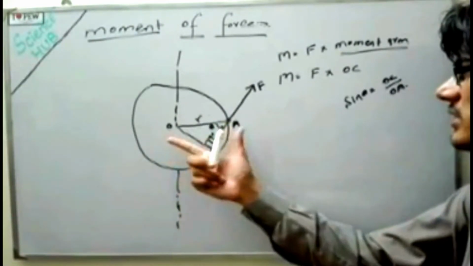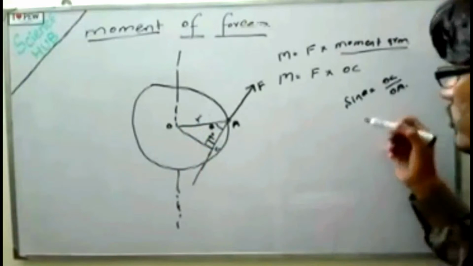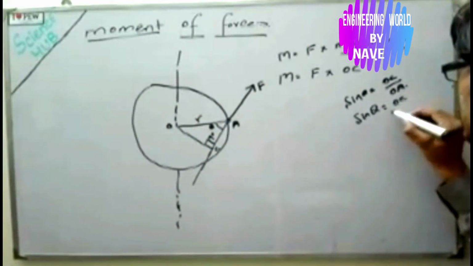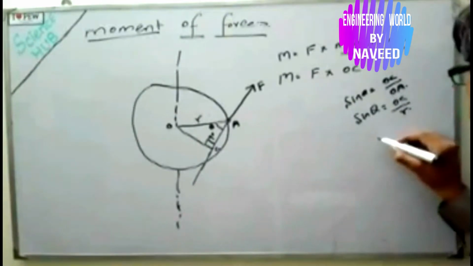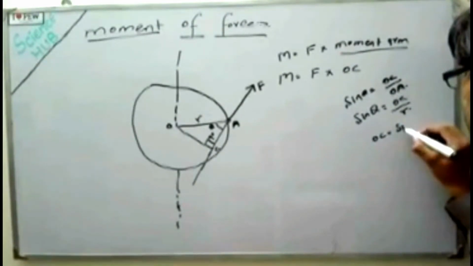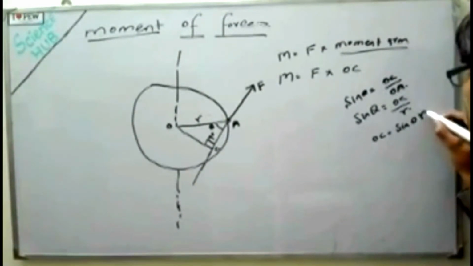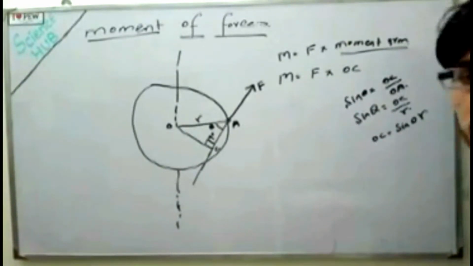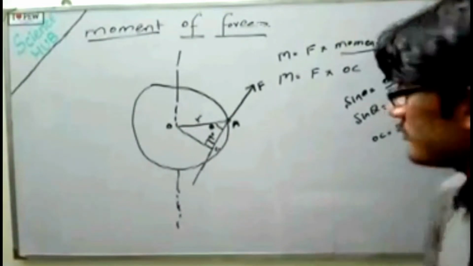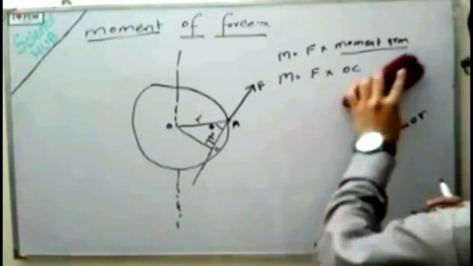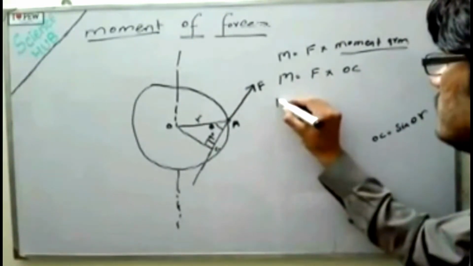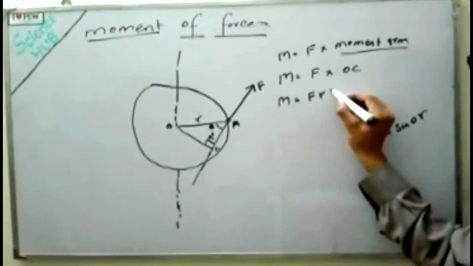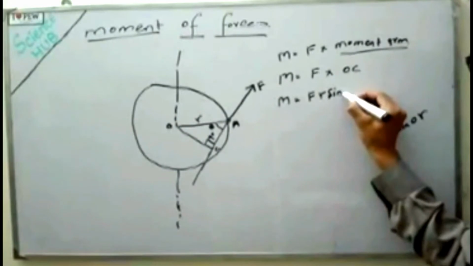Here you know that the OA distance is equal to R. So putting the value in this equation, sine theta is equal to OC divided by R, and the OC will be equal to R sine theta. Now putting the value of OC in this equation, the moment of force will be F R sine theta.